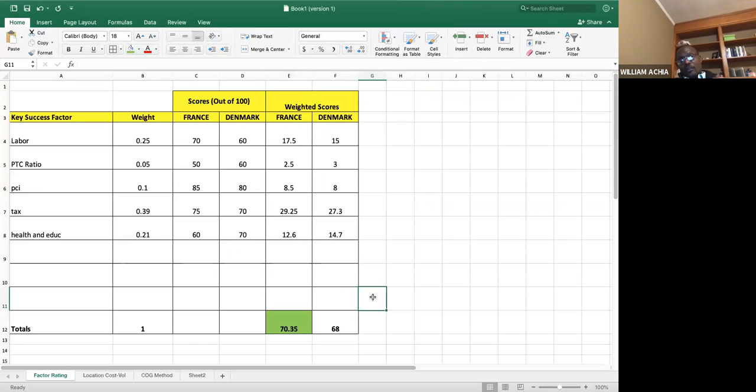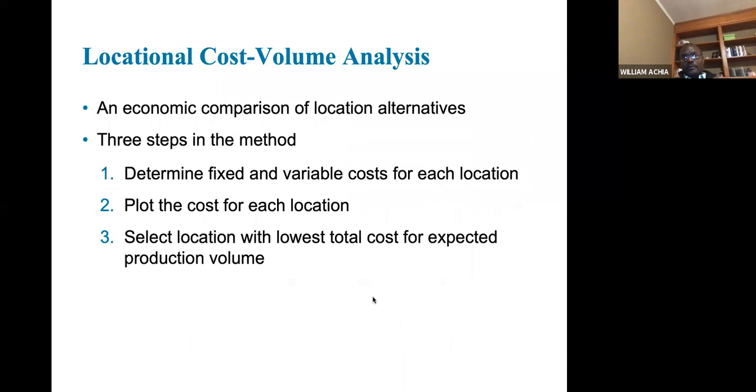Now, one thing that you notice here is that we're not using actual dollar figures when it comes to costs associated with movement. We're not using actual weights. We're just saying, you know what, let's use some key success factors, get a location, okay?